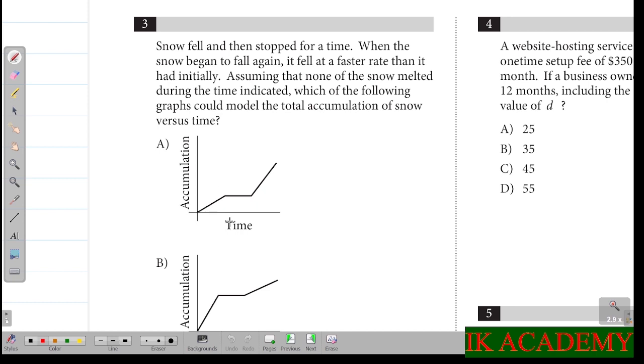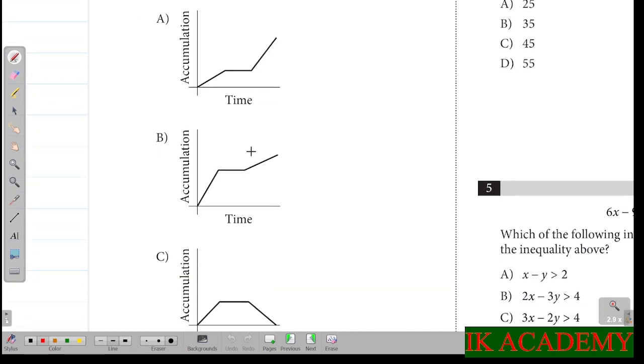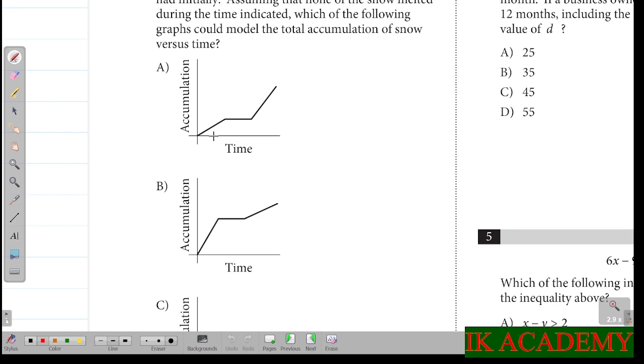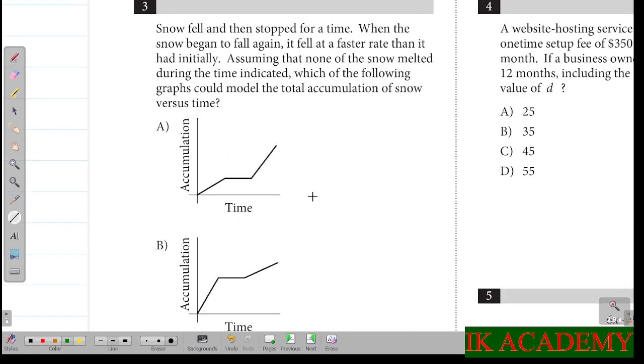So in options A, B, C, D we are given different graphs with accumulation of snow on the y-axis and time on the x-axis. Let me draw a graph to present 3 different time periods.